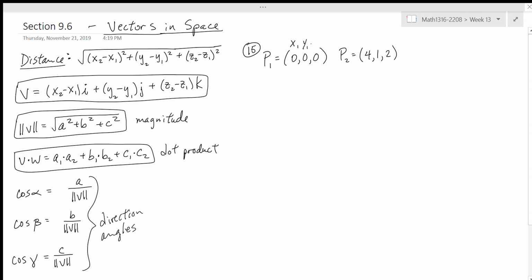x1, y1, z1. Let's say that that's going to be the first x, y, and z because it's the origin. And then we got x2, y2, z2. Second point. Finding the distance. We're going to plug and play. Here we go. 4 minus 0 squared plus 1 minus 0 squared plus 2 minus 0 squared.